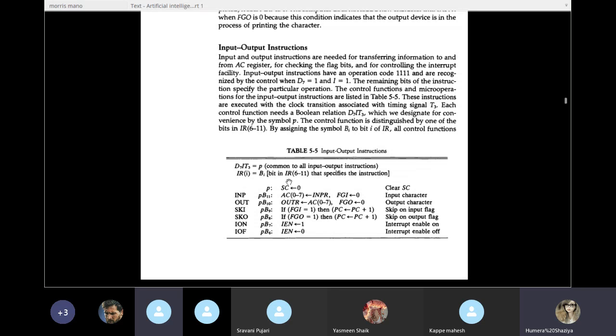Ma'am, D is decoder, T is the time signal. D7 is the decoder, T3 is the signal at which time.